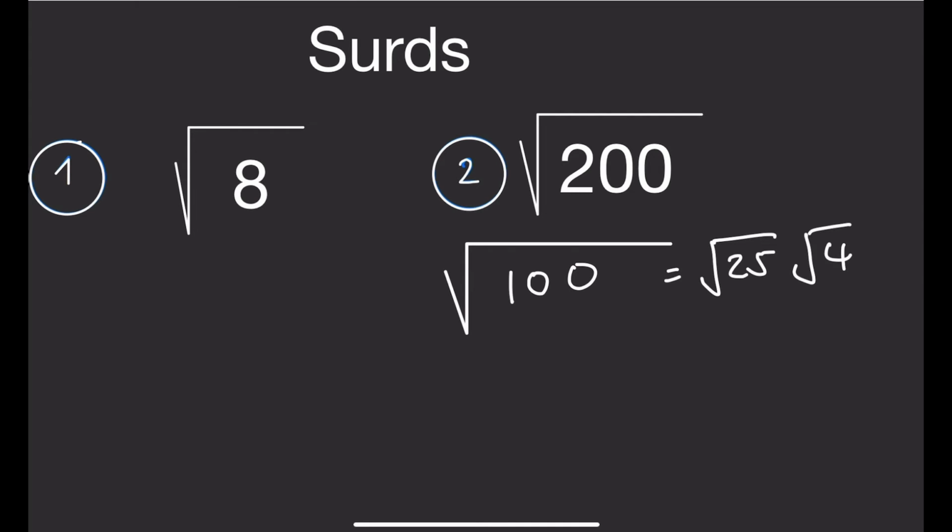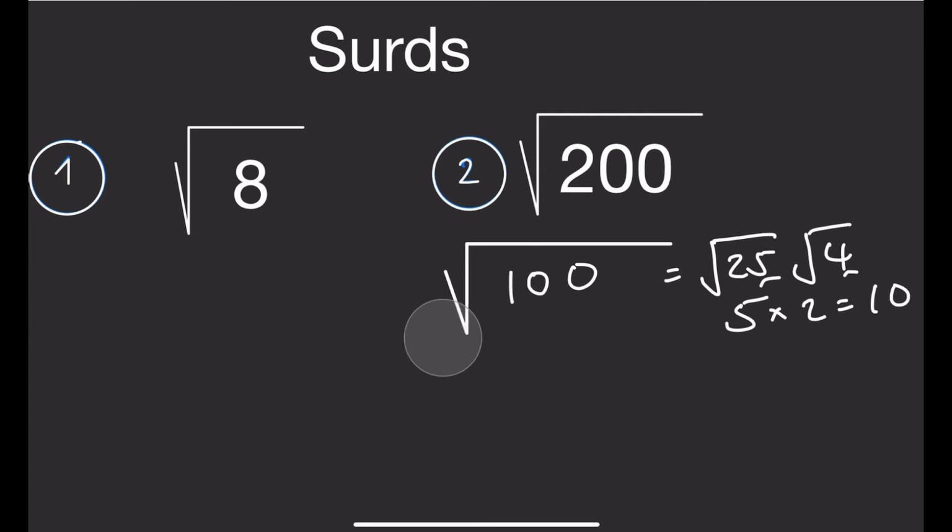So the square root of 25 will give us 5 times the square root of 4 will give us 2, which is still 10. So we can simplify this using multiples of 100 which are perfect squares: we have 25 and we have 4. So this can be written in this form.